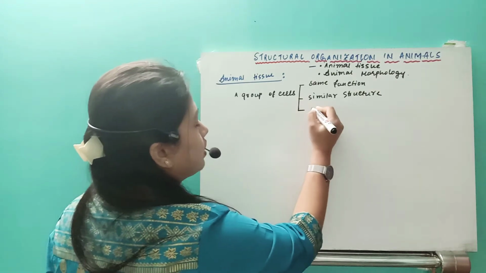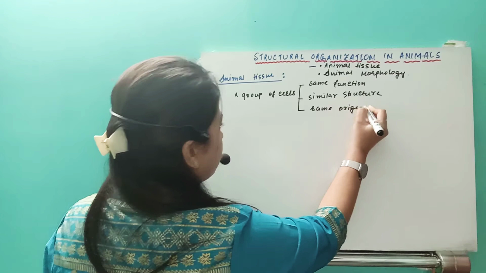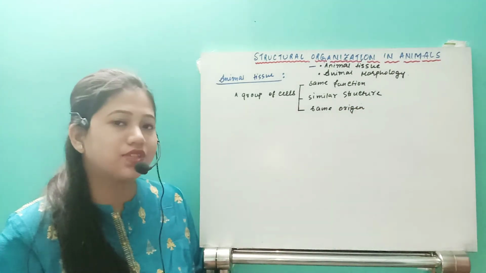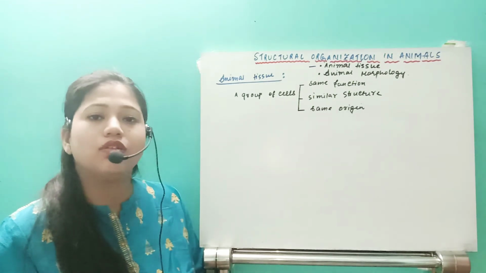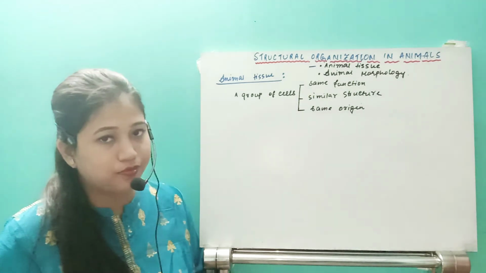And the third one, that it is the same origin. Okay, so the definition of tissue will be a group of cells which will have same function, same origin and similar in structure. Then we can call this is a tissue, right?